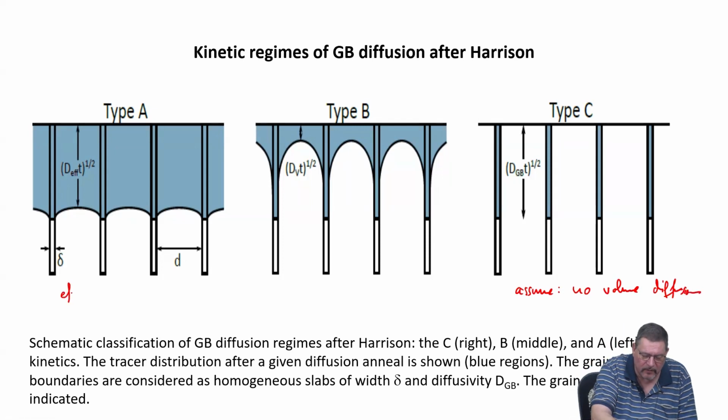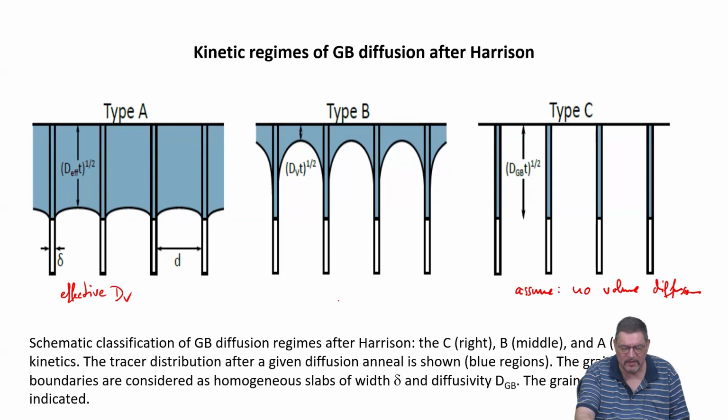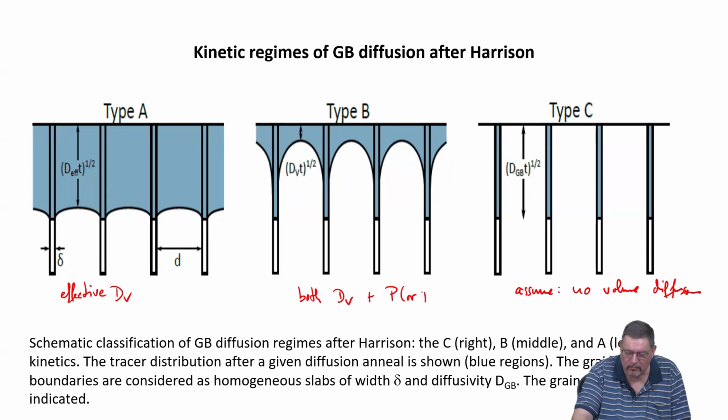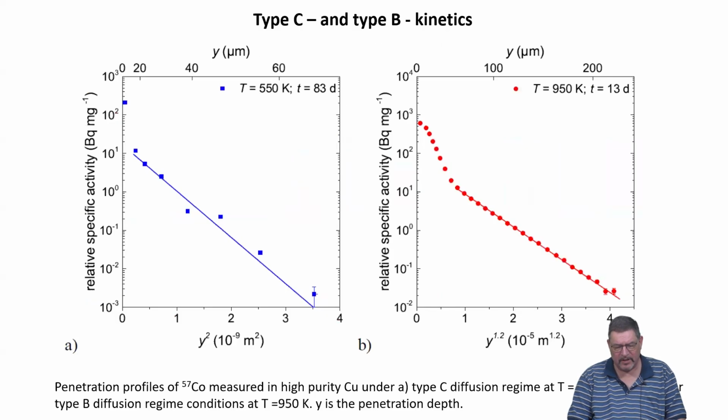Here you get an effective volume diffusivity out of the measurement, and this is the important regime, which you can get out, right? This is how it looks like.